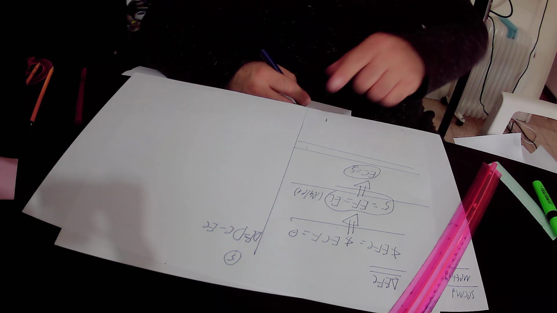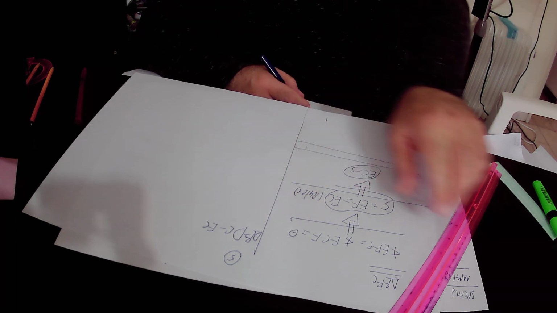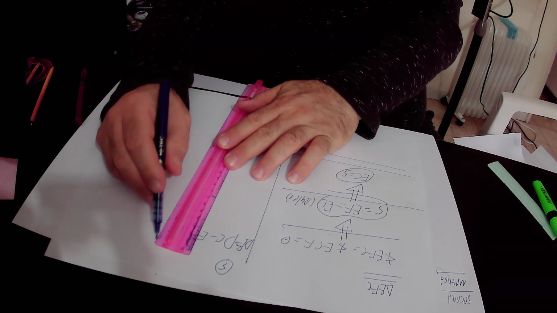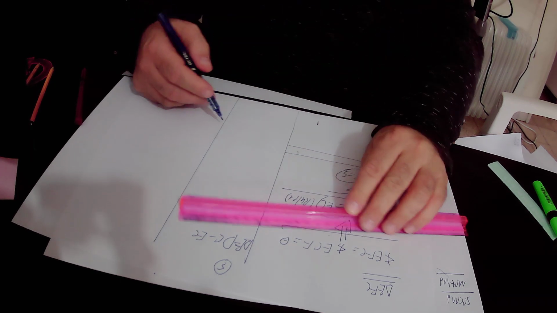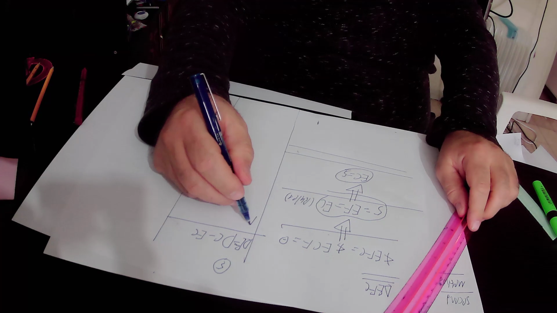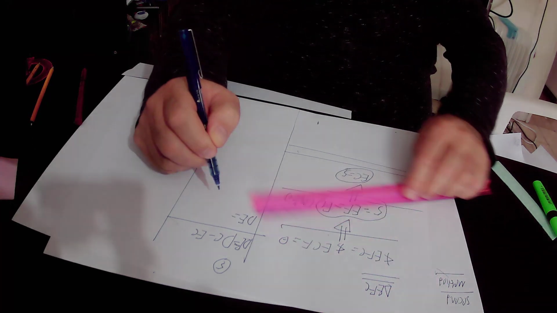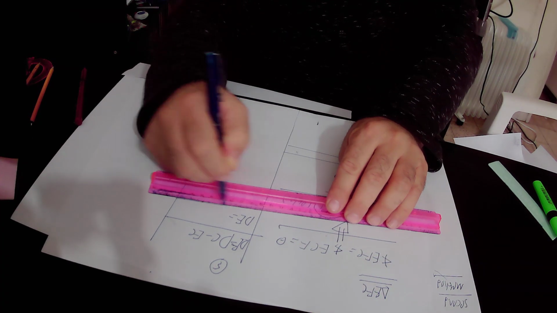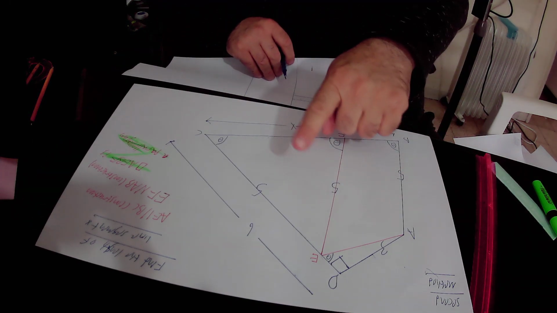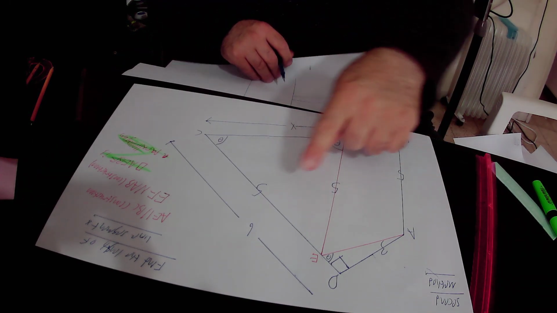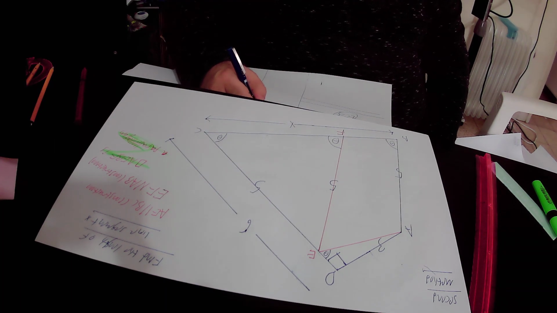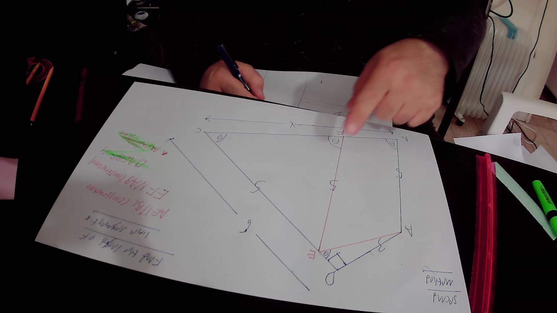So DE equals DC minus EC. DC equals 6 units according to what is given in the question, minus EC.